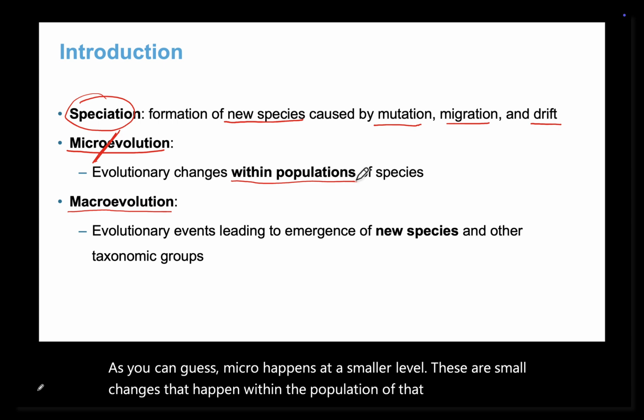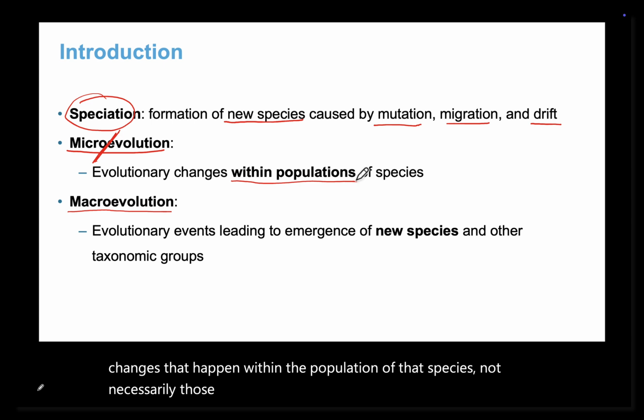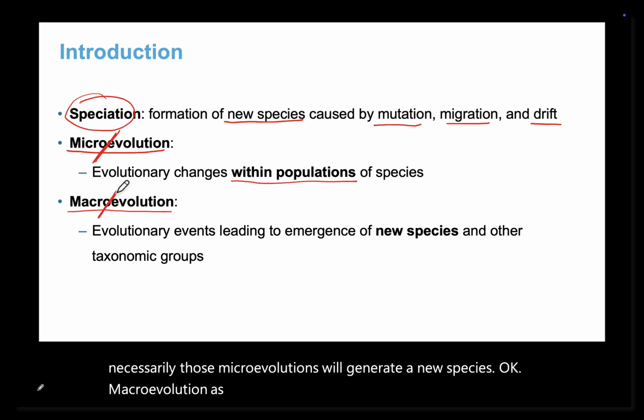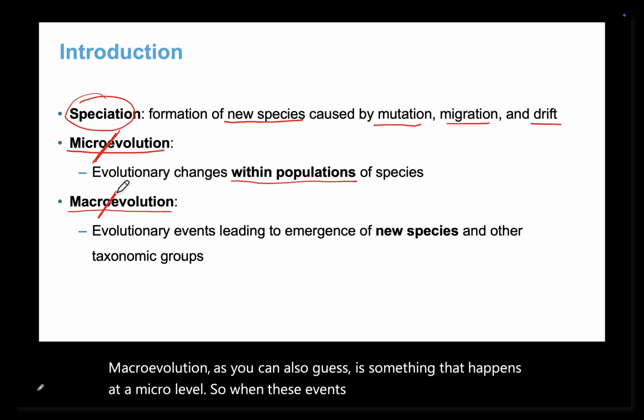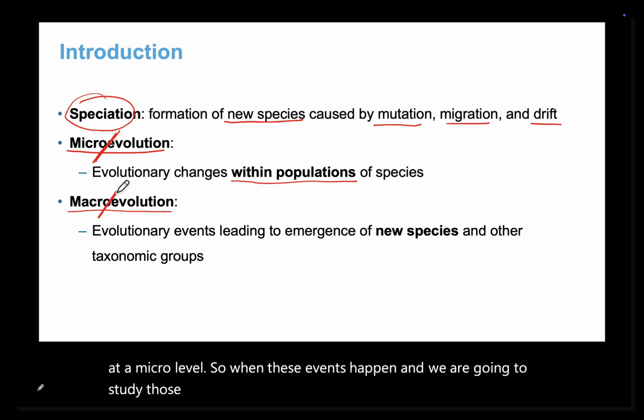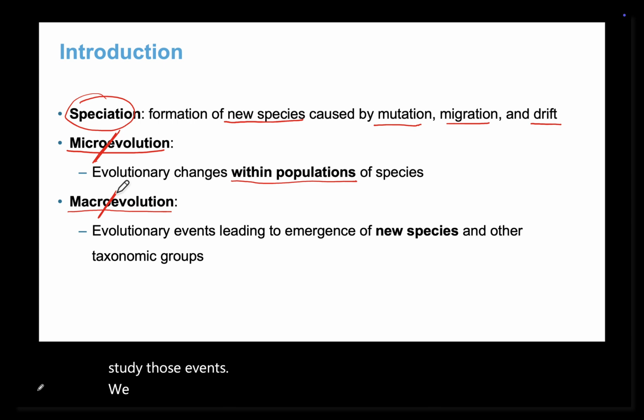Not necessarily those microevolutions will generate a new species. Okay? Macroevolution, as you can also guess, is something that happens at a macro level. So when these events happen, and we are going to study those events, we actually create a new species.